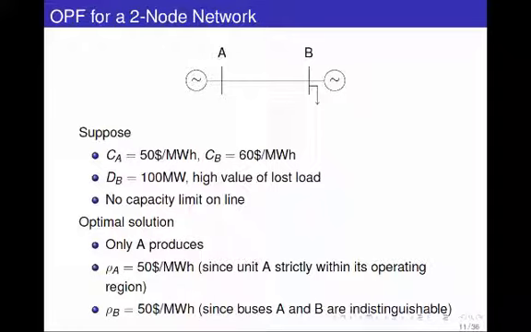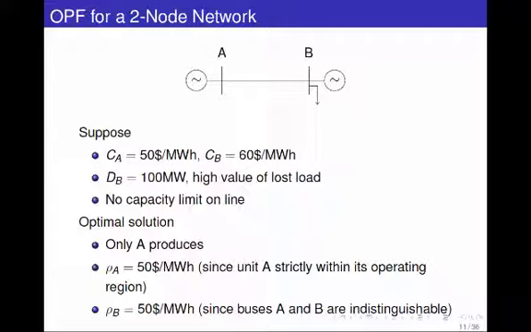That just comes out of the KKT condition. But since there really is no capacity limit in this line, you can think of this network as just a single thing. Basically buses A and B are indistinguishable. So that means that whatever this is has to be the same as the rho in location B.